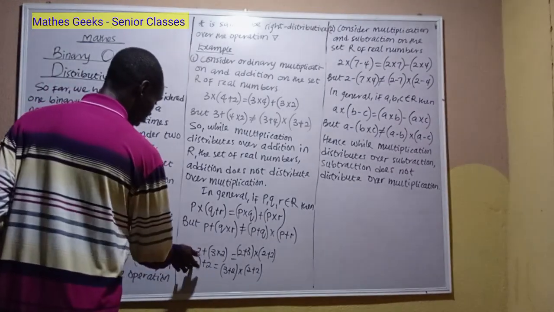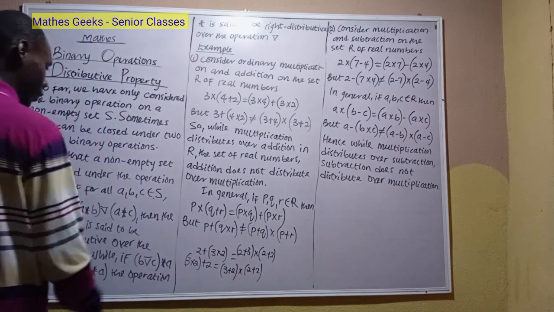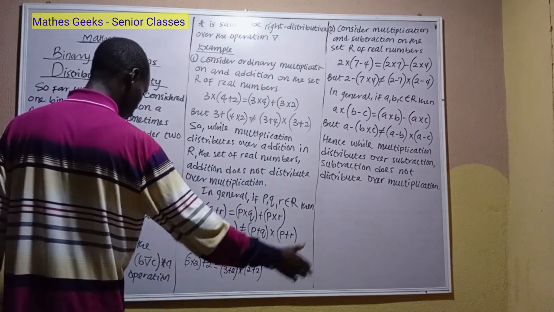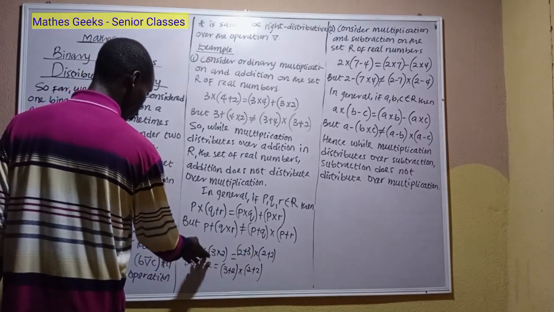Why? Multiplication is coming first and addition is coming second, and the position of the addition operation is on the right, while in the other case the position of the addition operation is on the left.